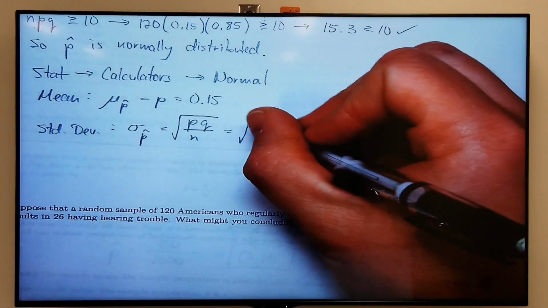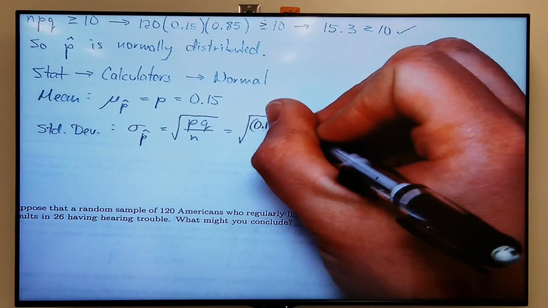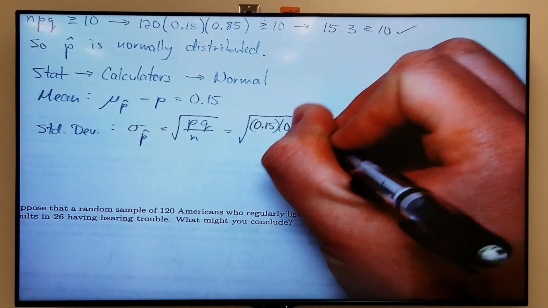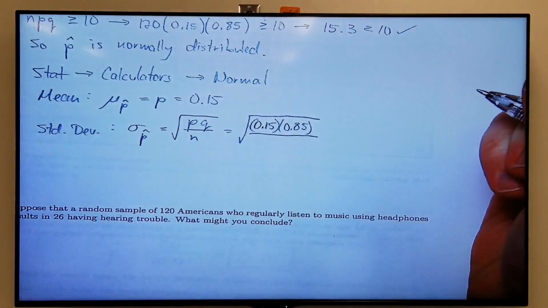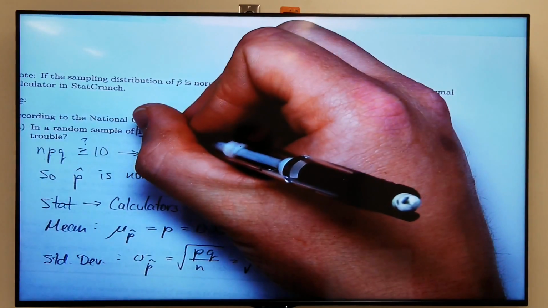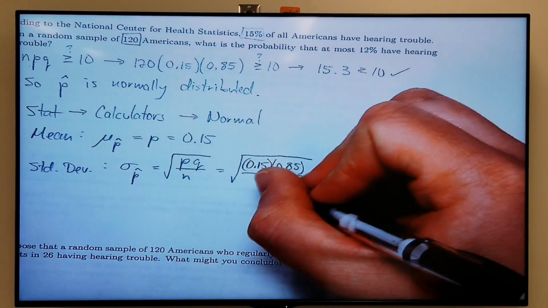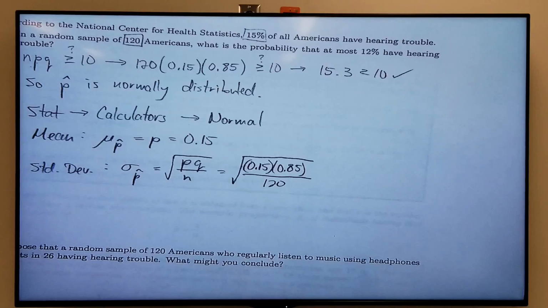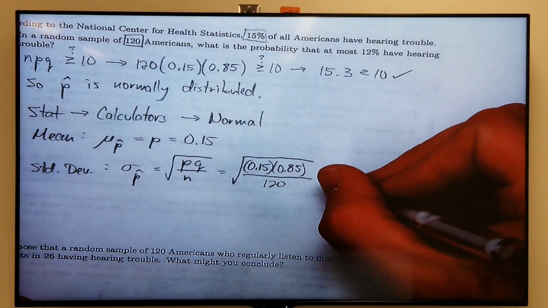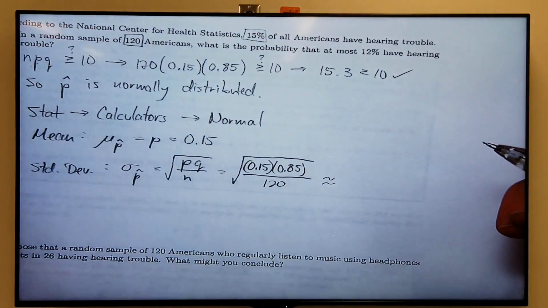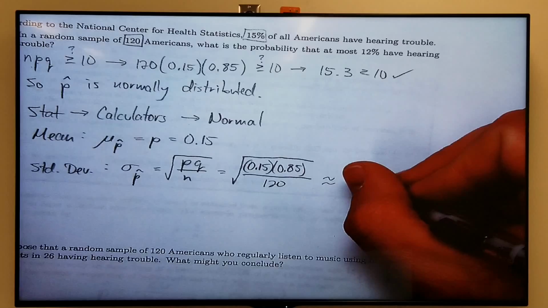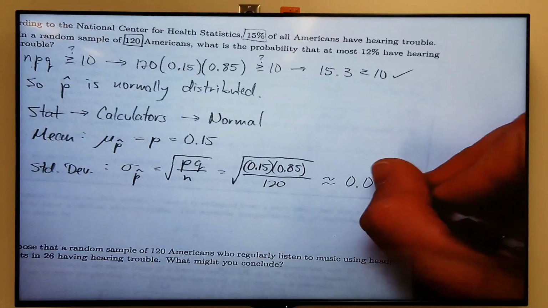So that would be 0.15 times 0.85 divided by n, which is 120 in this case, right? So divided by 120. Let's see how much that is. So we have square root of 0.15 times 0.85 divided by 120. I'll go to 3 decimal places. So to 3 decimal places, this is 0.033.